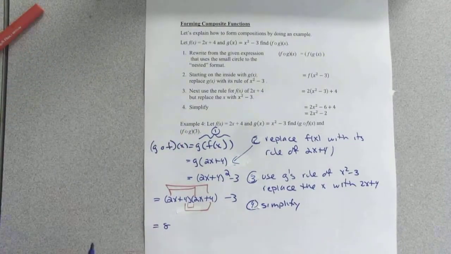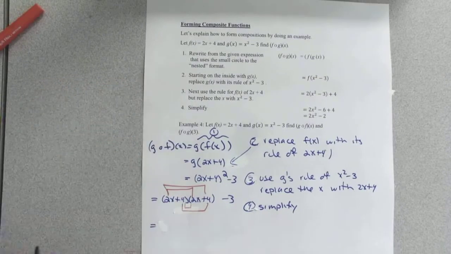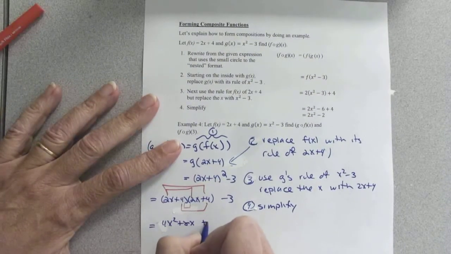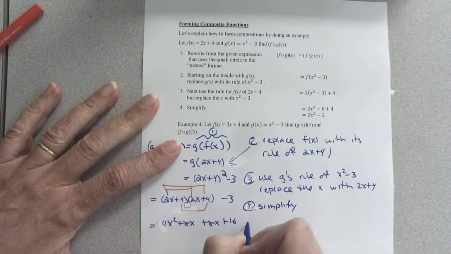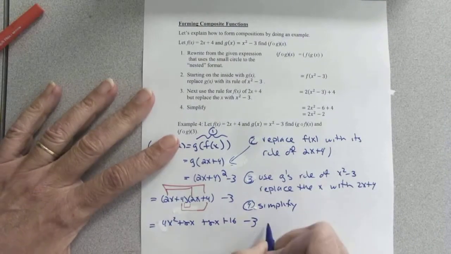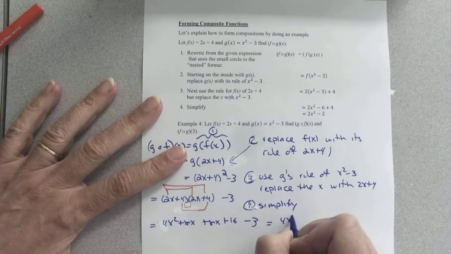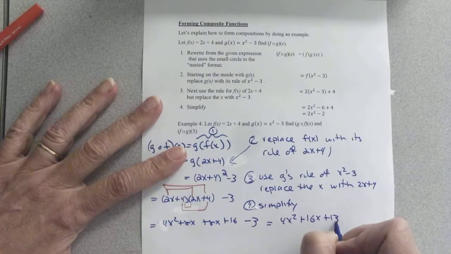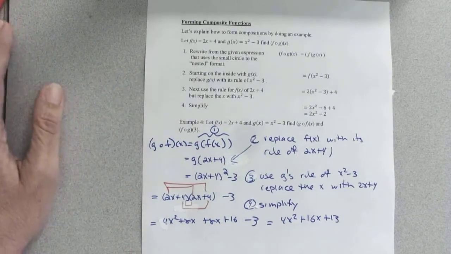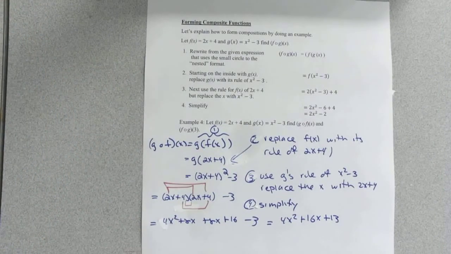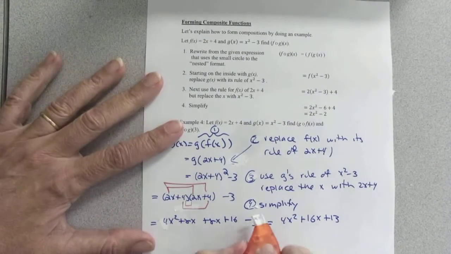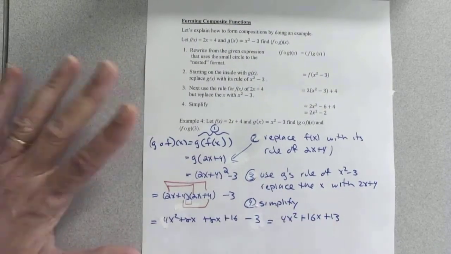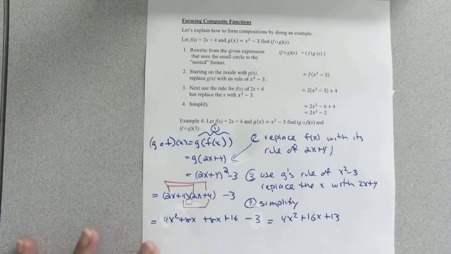So I get 4x squared plus 8x plus 8x plus 16 minus 3, which gives me 4x squared plus 16x plus 13. And there, I found it. And then you just stop. What these are asking for is just to find the rule, just to find the formula.